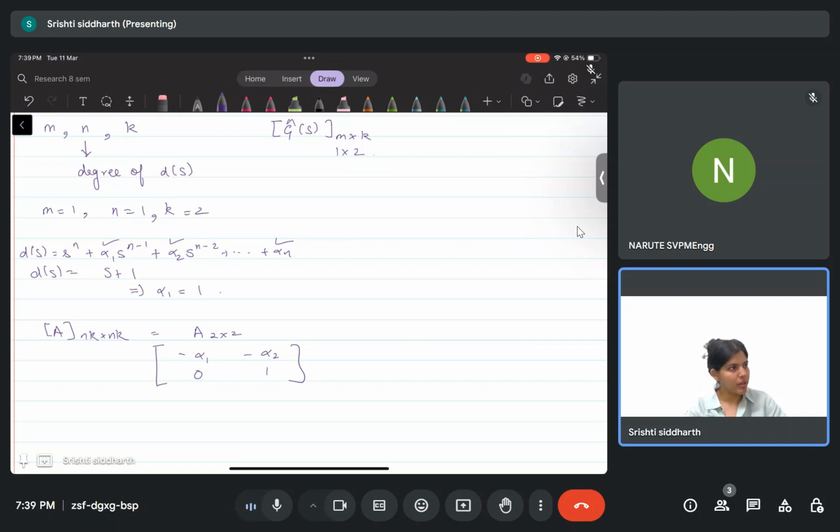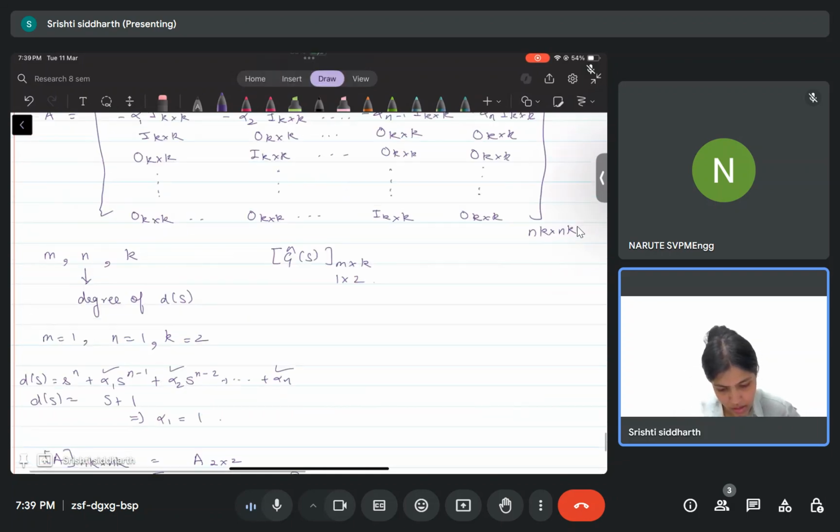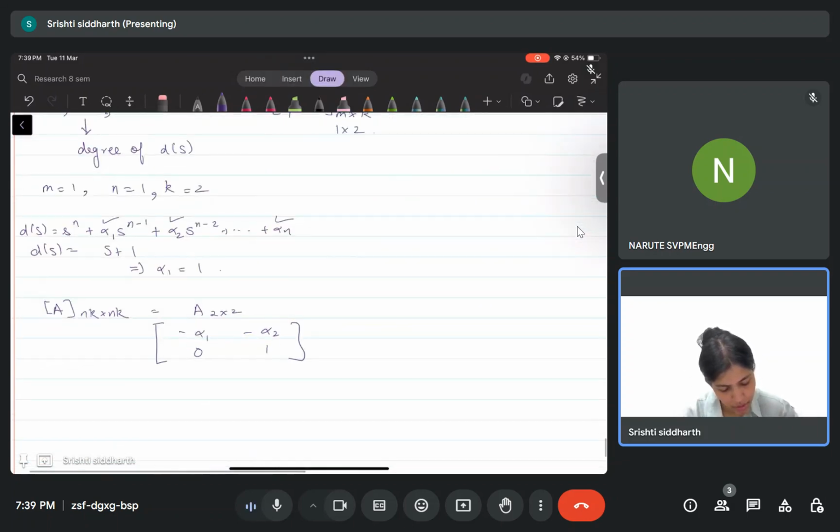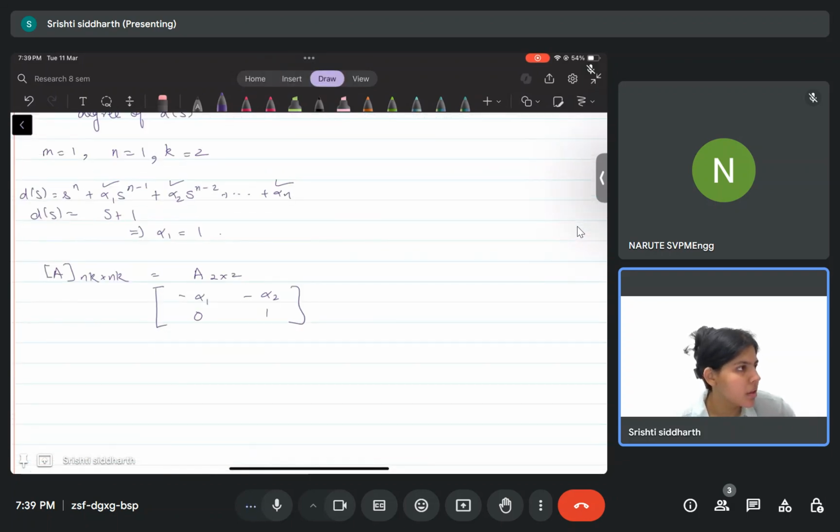So we have the transfer function, and we found out what C and D are. We need to find out what A is.